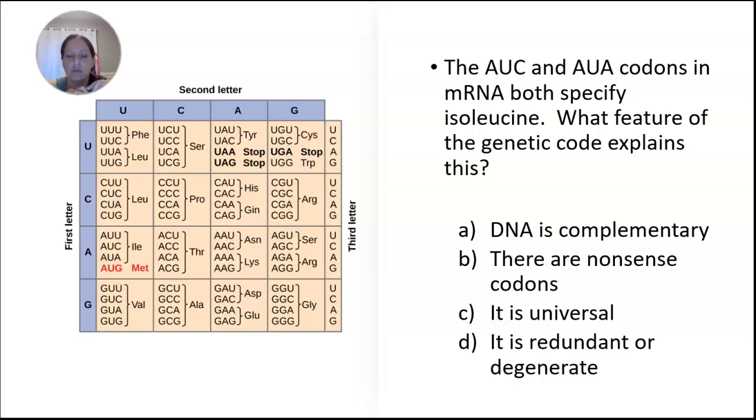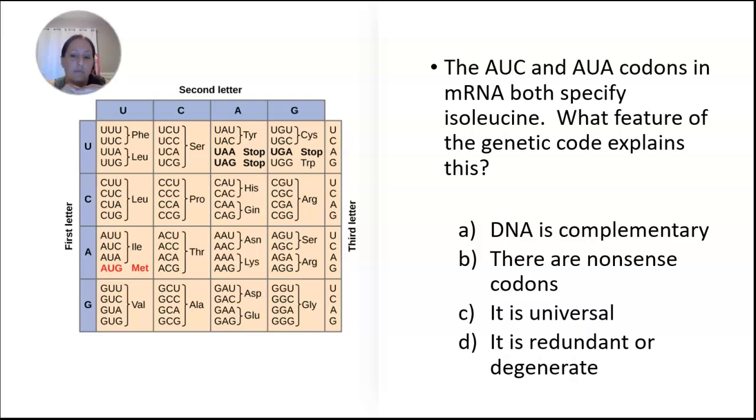It says both AUC and AUA are codons in mRNA that both specify the same amino acid, isoleucine. And so what feature of the genetic code explains this phenomenon where you have two codons that code for the same amino acid? D, the genetic code is redundant.